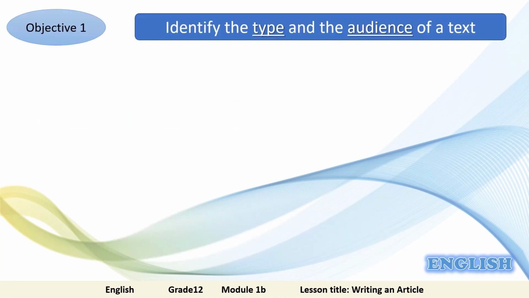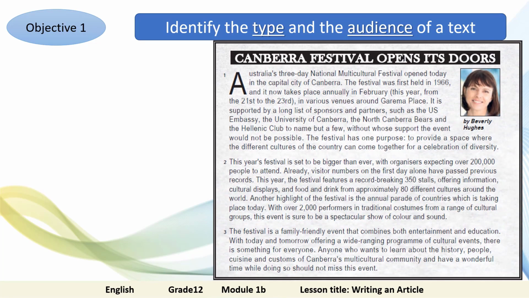Our first objective for today is to identify the type and the audience. Let's take a look here. Can you just skim this text, read it very fast, and tell me, where can I find such a text?